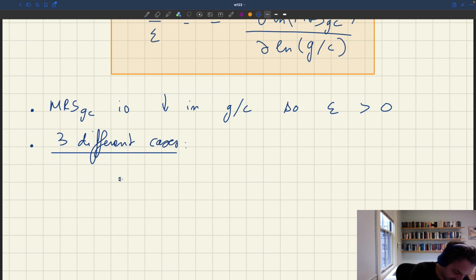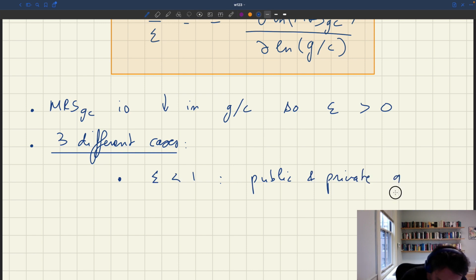We'll have the case in which epsilon, the elasticity of substitution, is strictly less than 1. Just in terms of language, in a case like this, we say that public and private goods and services are gross complements.